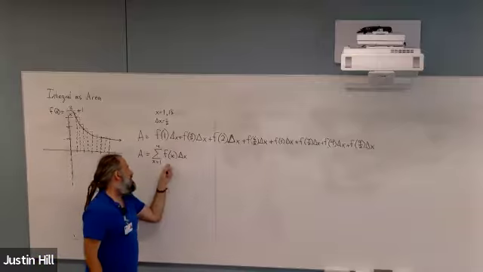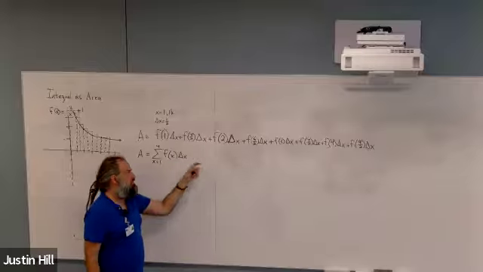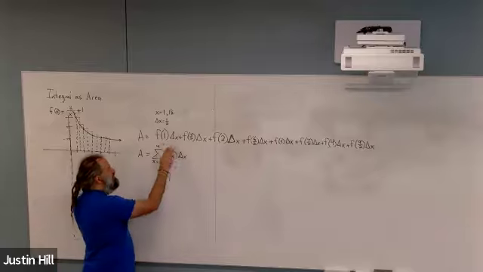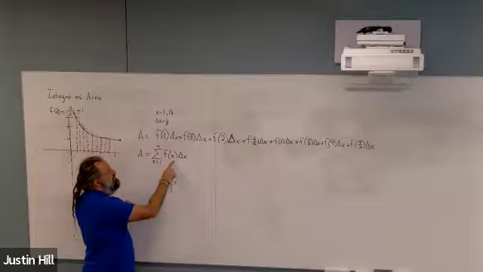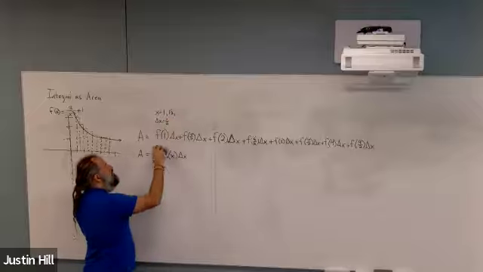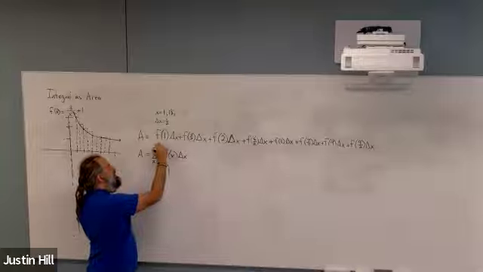Now again, we could represent all this in a much shorter, simpler way by saying every one of these terms is f of x times the delta x. Now just my x's are not 1, 2, 3, and 4. They're 1, 1.5, 2, 2.5, 3, 3.5, 4, 4.5. So this would be all the way up to 4.5.